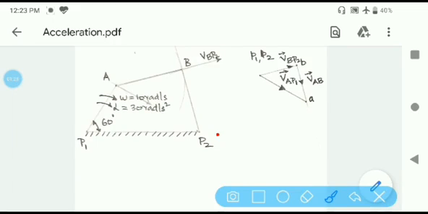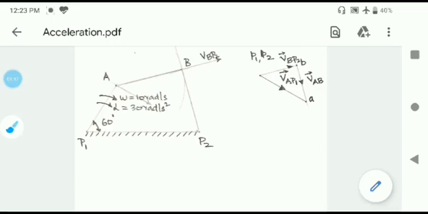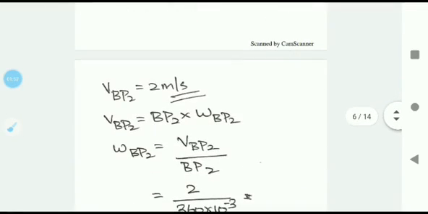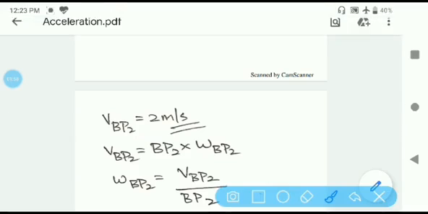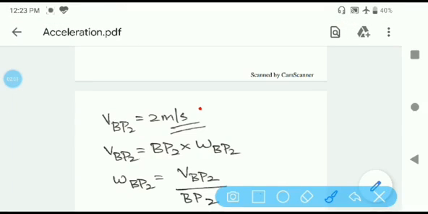You have to measure the line P2B, and the length of that line will give the velocity of point B relative to P2. Since we have used the scale as 1:1, the measurement that you take will be exactly equal to the velocity of B relative to P2, and you will get the velocity as approximately 2 meters per second.